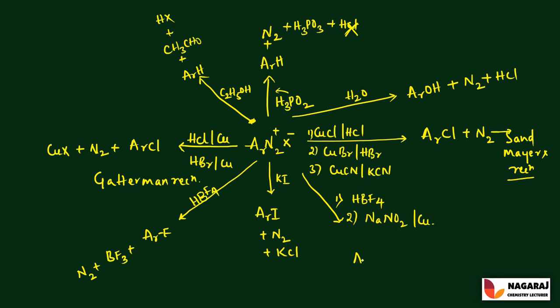So it gives ArNO2, that is the nitro group is attached to the aryl group, plus there is an elimination of the diazonium group as nitrogen gas, and one more byproduct is NaBF4. These are all the reactions involving the replacement of the diazonium group.